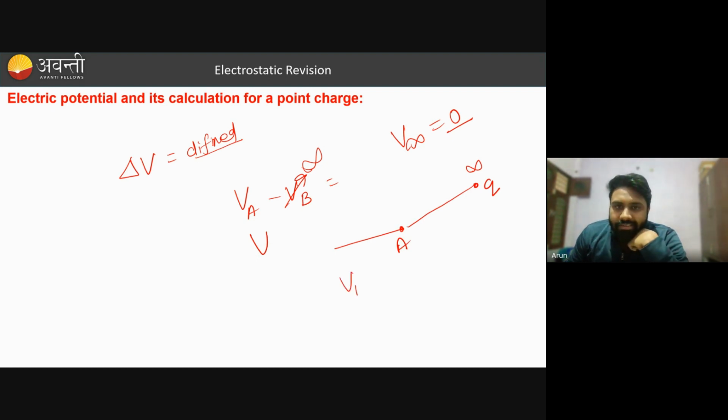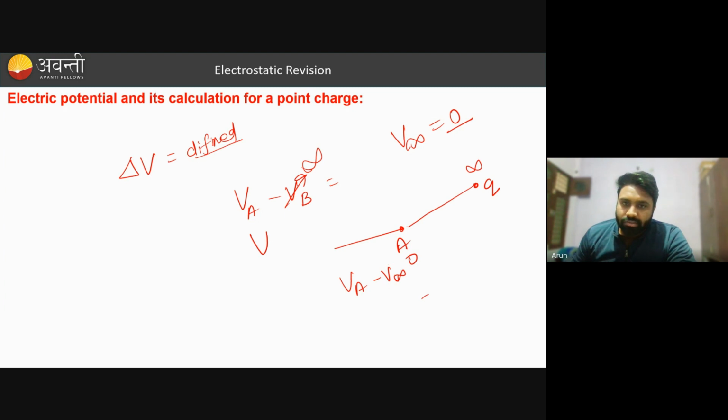We can say VA minus V infinity. But we have assumed that at infinity the potential is 0, so V infinity is 0. Then we can say VA is the actual potential of this charge Q.